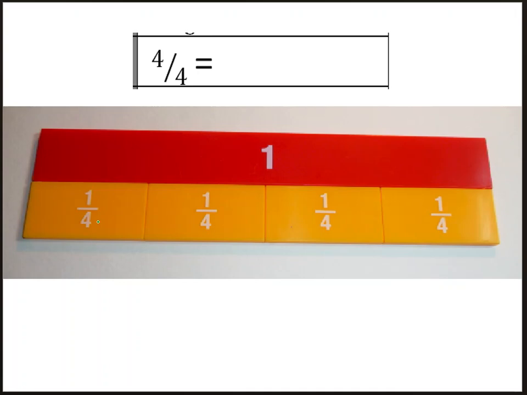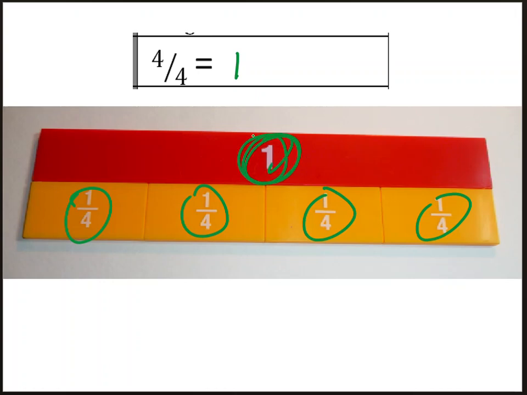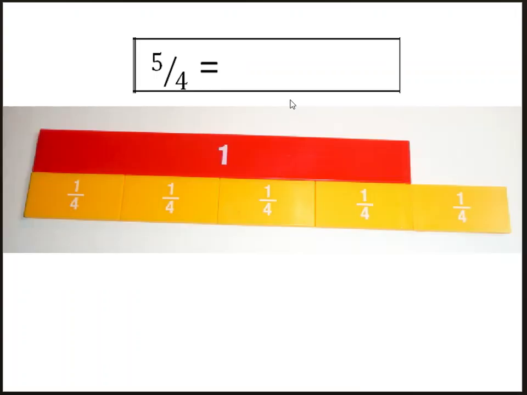Next, 4/4. How much is that? Anytime the numerator and denominator are the same, it equals 1 whole. 1/4, 2/4, 3/4, 4/4, and it's the same amount as 1 whole. You get that? 5/4. Now this is improper because the numerator is bigger than the denominator. Well, this is easy.